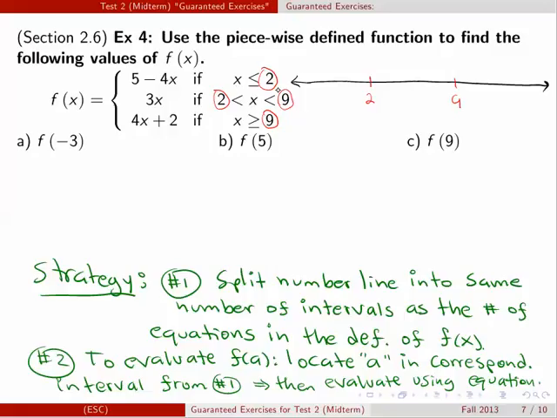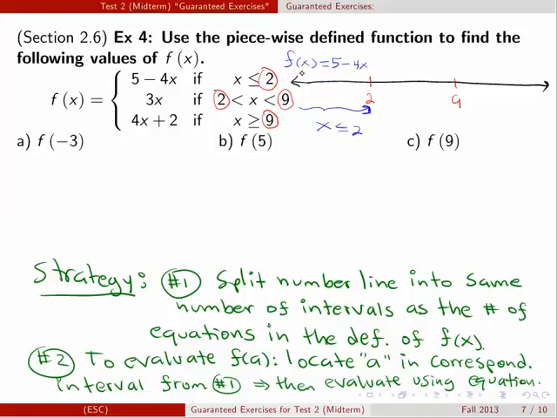So the first inequality, x less than or equal to 2, becomes this interval. The square bracket here includes the number 2, and the piecewise function f of x behaves the same as 5 minus 4x. So for any number which is less than or equal to 2, we plug in our number into this equation.